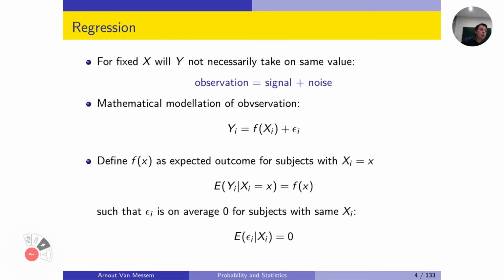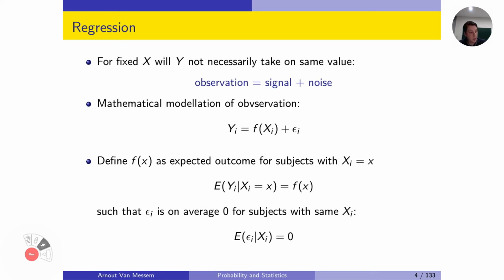What we also noted was that for the same fixed value of x, the outcome variable y is not always the same. So our observation y will be a signal part, a function of x, plus some noise due to variability. In a mathematical sense, we write that yi equals f of xi plus epsilon i.